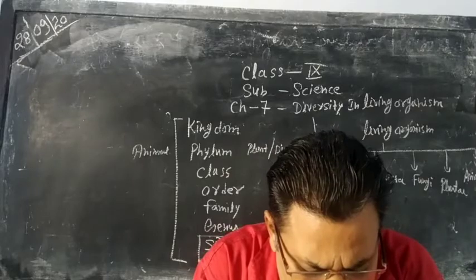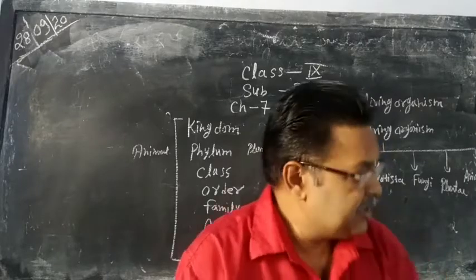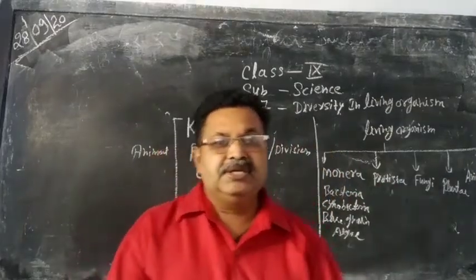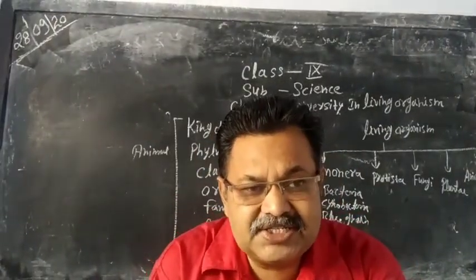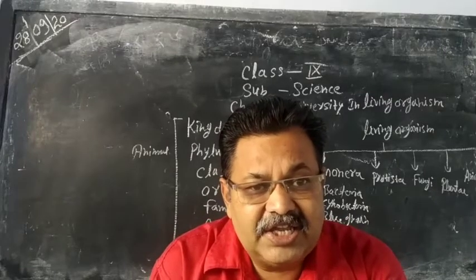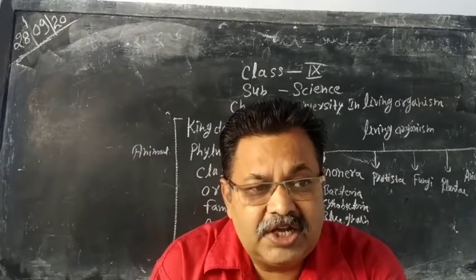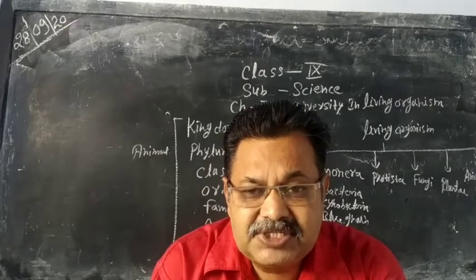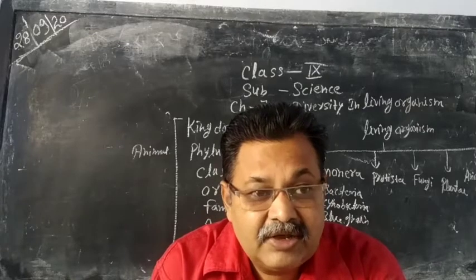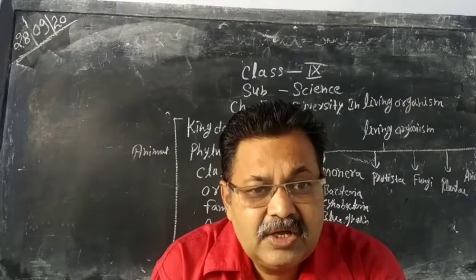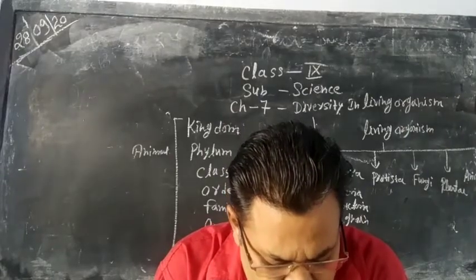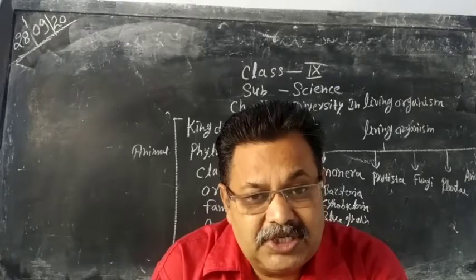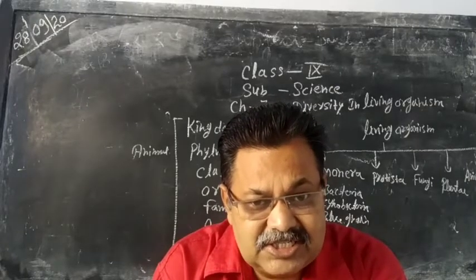Now the next group is Protista. Protista are unicellular. It means the body structure is one celled and all the activities are performed in only one cell. They have unicellular eukaryotic cells. It means they have a well developed nucleus, and cell organelles are also developed.